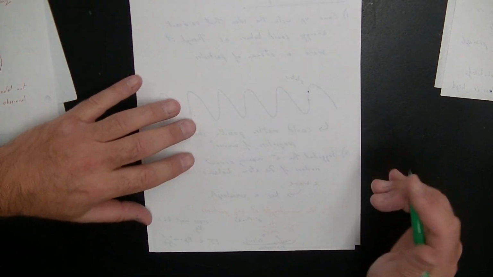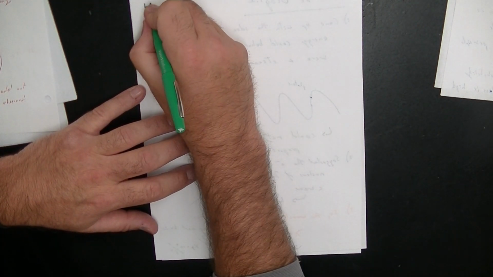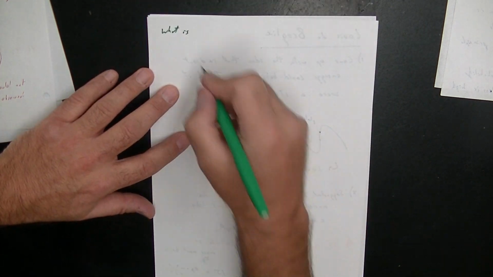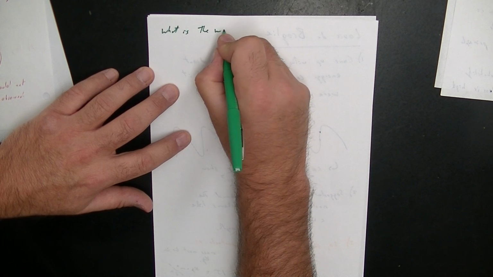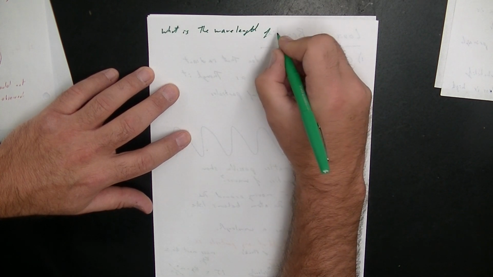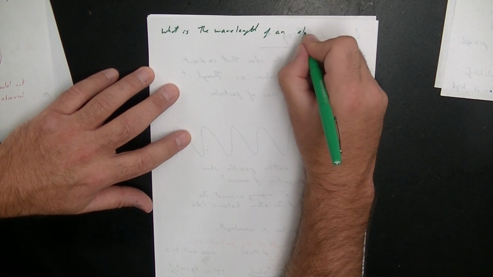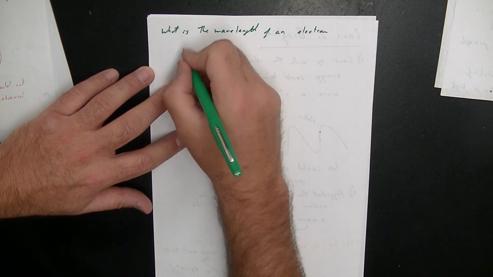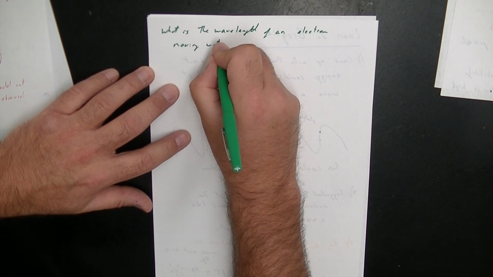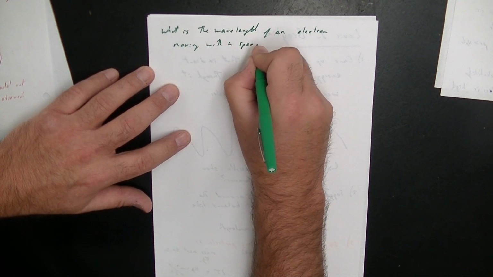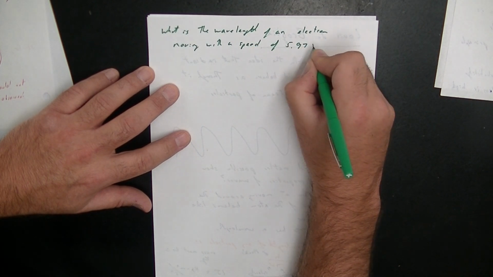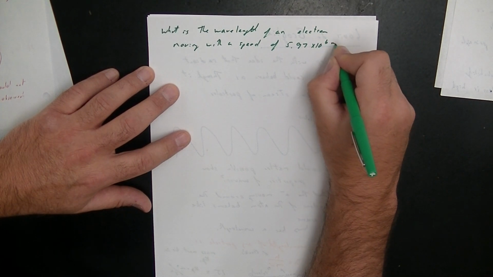Well, we can do some calculations. What is the wavelength of an electron moving with a speed of 5.97 times 10 to the 6th meters per second?